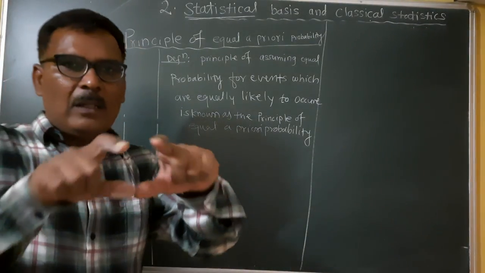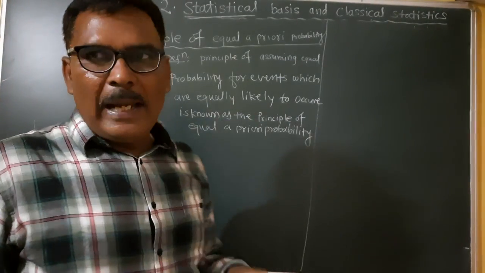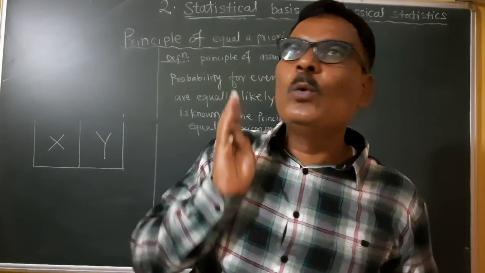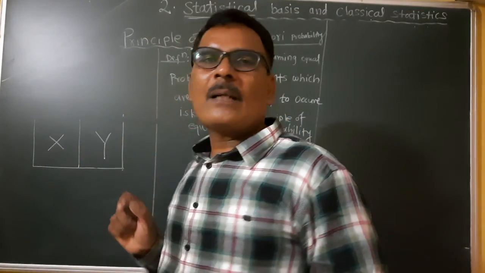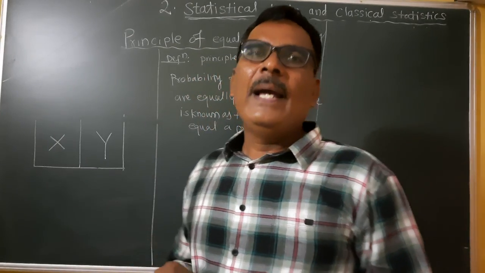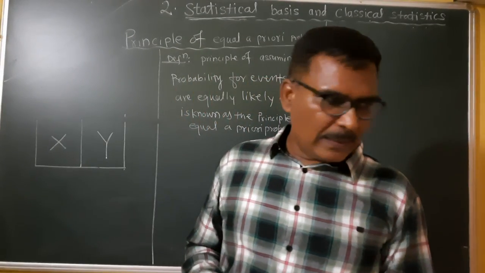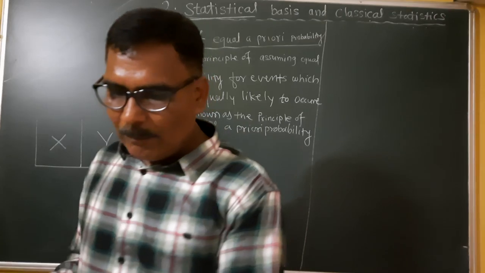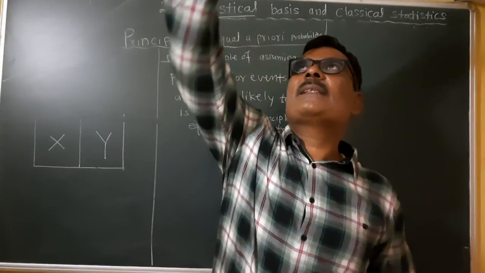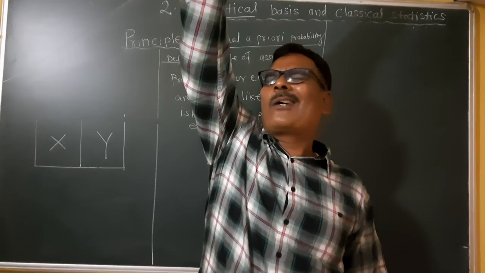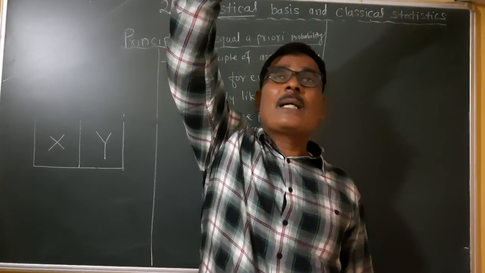We consider a box, and in that box we have two compartments. One compartment is called, say, X and the other compartment is called, say, Y. At some height, we throw a coin or a ball into the compartments.